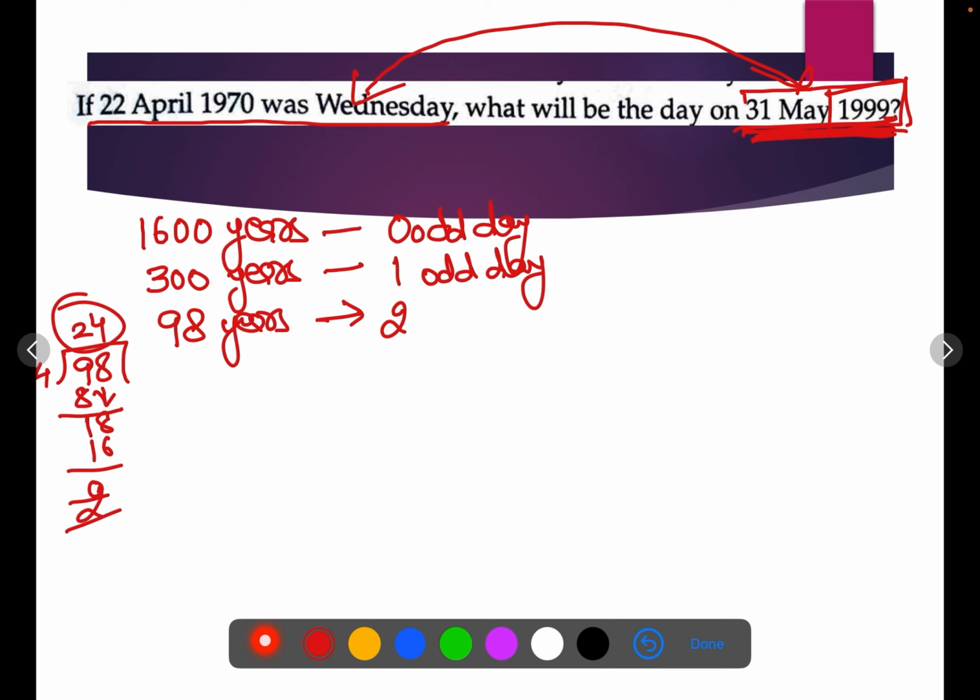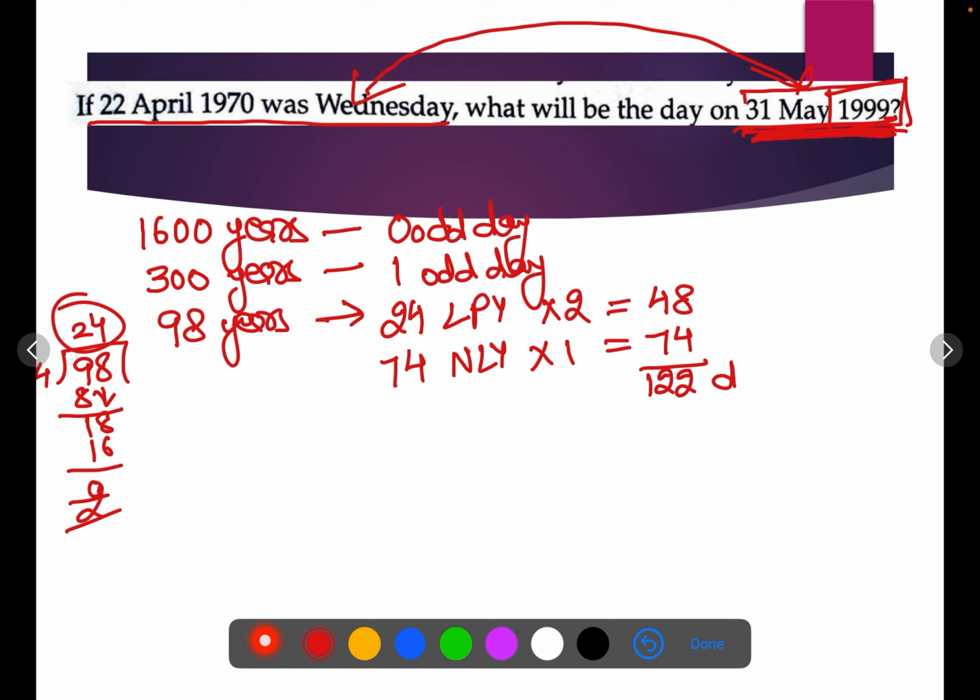So I can say there are 24 leap years and 98 minus 24, what is it? 74. So 74 non-leap year. So leap year has 2 number of odd days. Non-leap year has 1 number of odd day. So it turns out to be 48 and this is 74 and the total comes out to be 122.